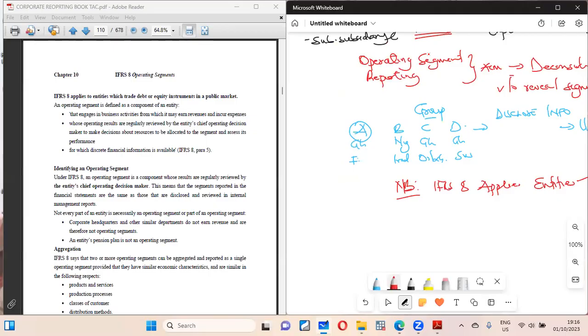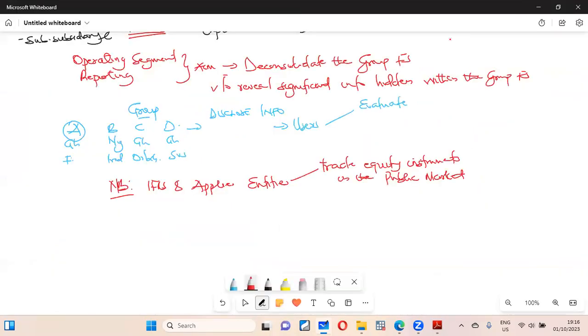Now that you've understood what IFRS 8 is all about, you have a glimpse and understanding of why, in a consolidated group of accounts, we don't really see each and every individual entity's performance. So we want to deconsolidate it.